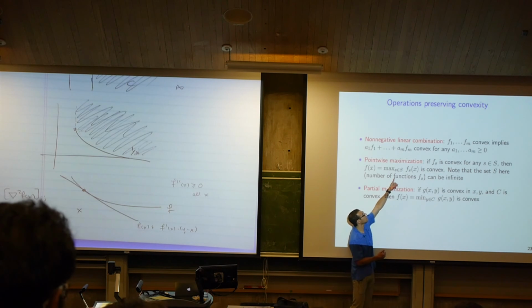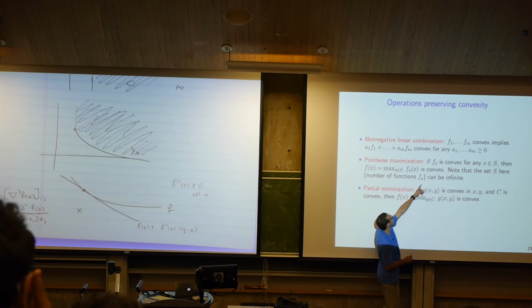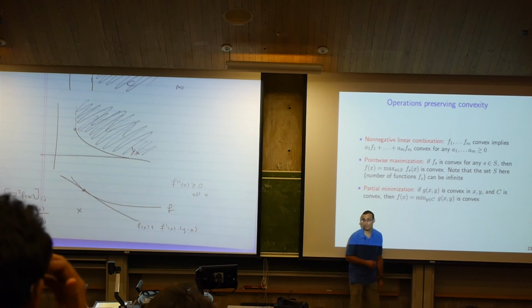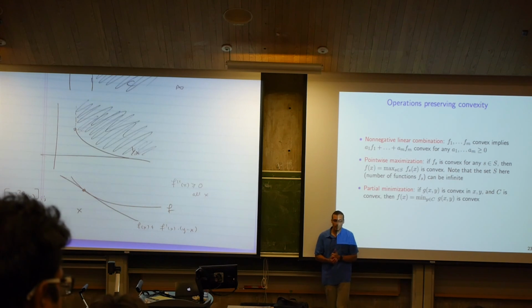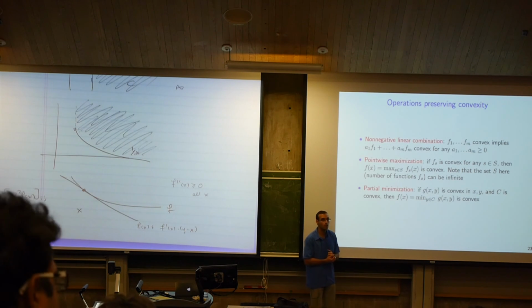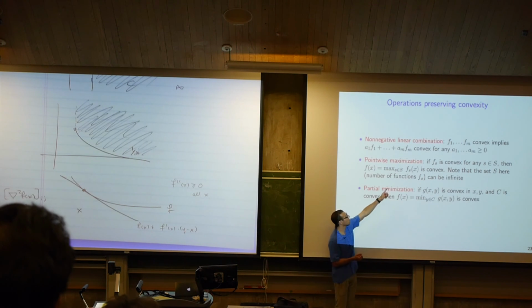If I take the max of all these functions over all s in some set capital S, then that's always a convex function at the end of the day. It doesn't matter what this index is or how big this index set is. It could be infinite, could be uncountable. It's always true that I can take a pointwise maximum of convex functions and retain convexity. So it's a very useful property.